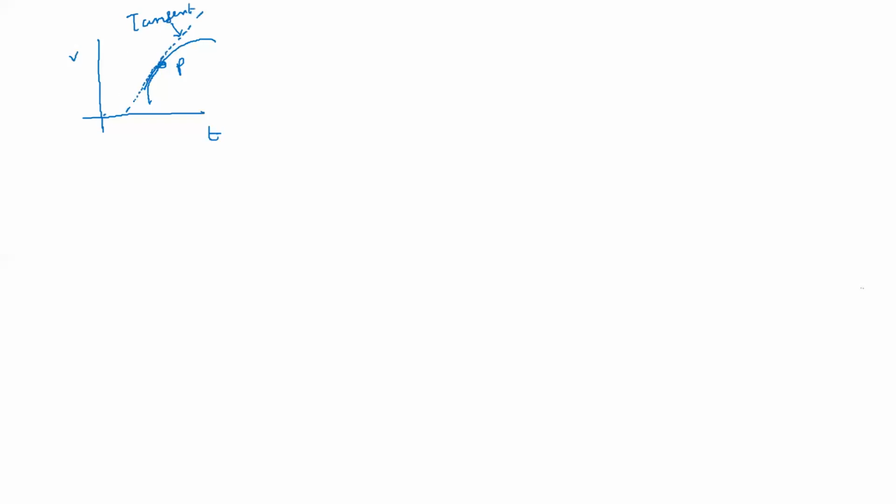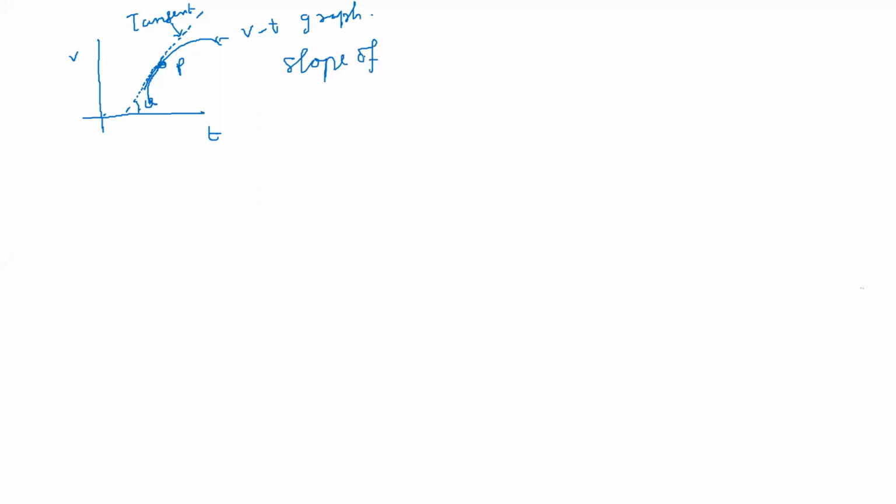And here the tangent is making an angle theta. This is the velocity time graph, the v-t graph. This is the slope of the tangent at that point on the velocity time graph, right? Slope of the tangent, slope means tan theta.